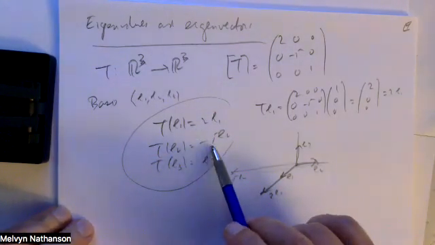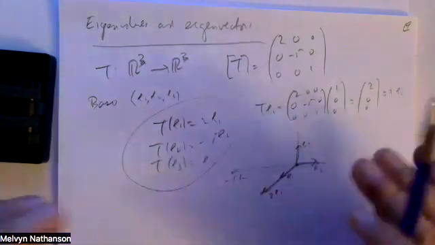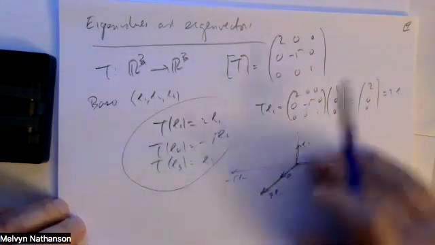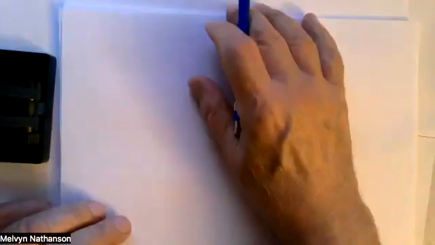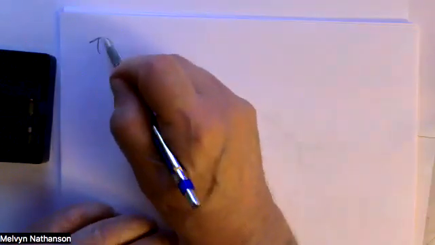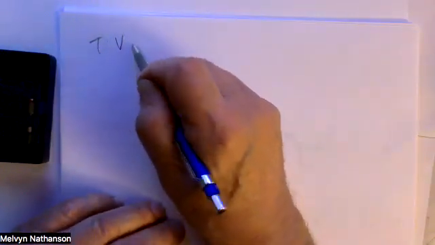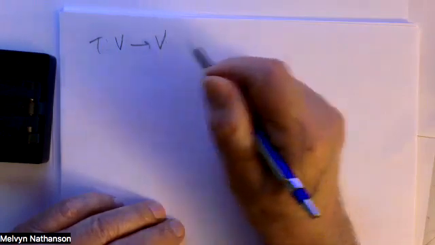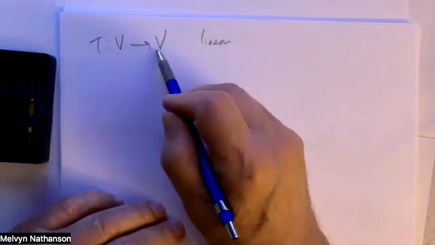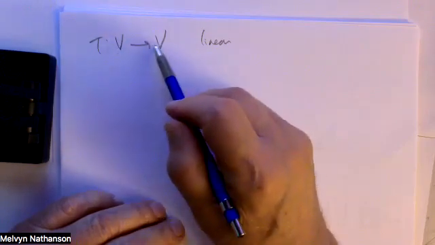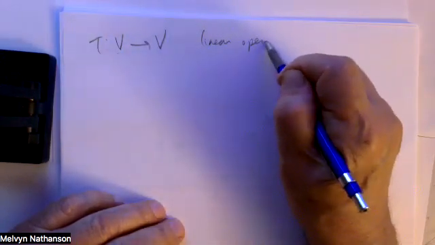And vectors that have this kind of property are very nice. They simplify linear transformations a lot when you can find them or when they exist. So to formalize this, we have a linear operator. It's a linear transformation from a vector space to itself. So a linear transformation from V to V, where the domain and the range are the same, is called a linear operator.